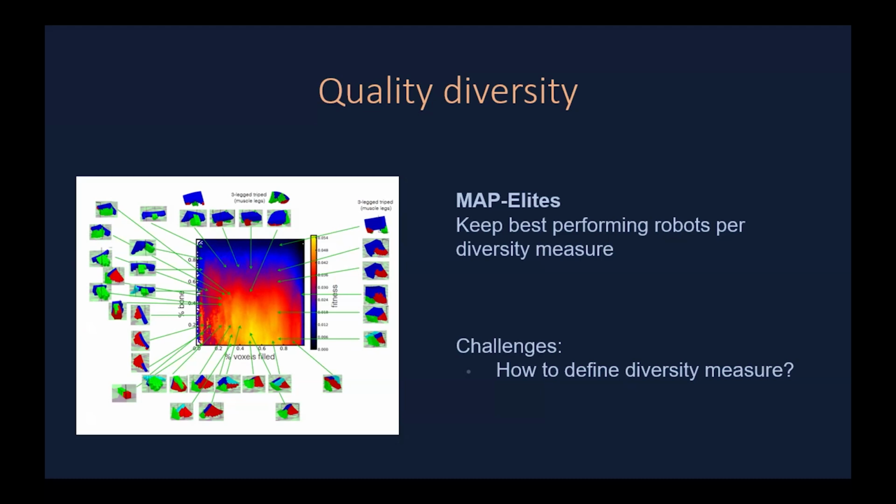It really depends on what kind of robots you're evolving. For example, if you evolve some kind of graph-based robots with body segments and leg segments and so on, you might want to find a measure of the difference between different robot bodies in terms of changes in the graph, in addition to the length of the legs and so on.